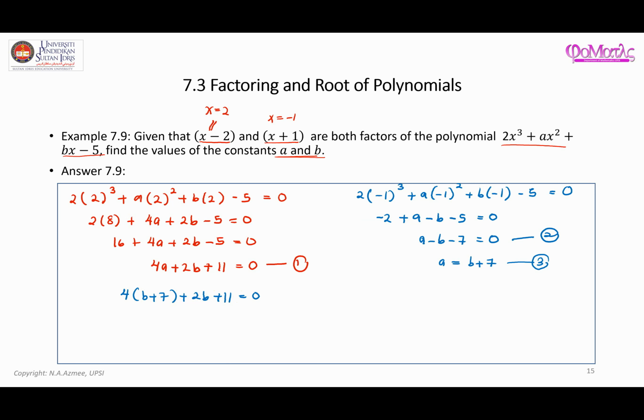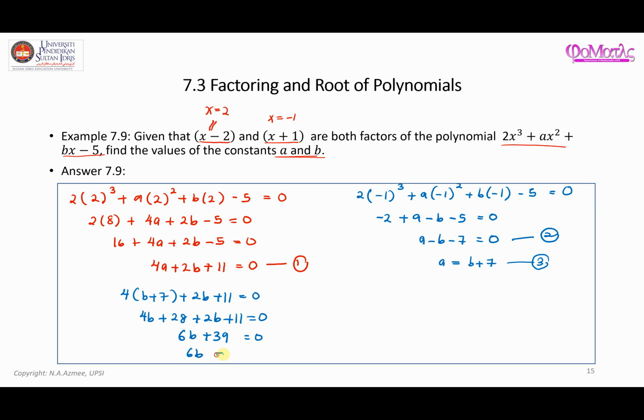We're just going to solve what b is. So 4b plus 28, plus 2b, plus 11 is 0. 4b and 2b is 6b, 28 and 11 is 39. So that is 6b plus 39 is 0.